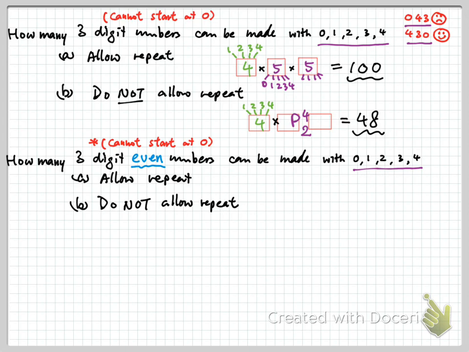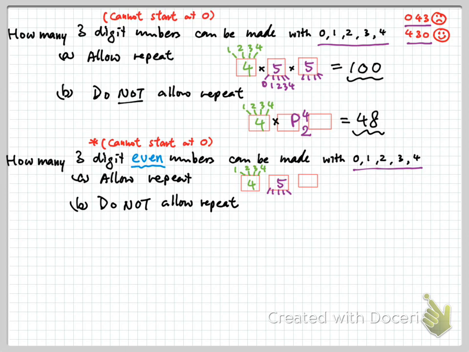So let's think about this. Now, this is going to be more complicated than the previous 2. Once again, we start by considering what if you allow repeat. It is easier if you allow repeat. It cannot start at 0, so there are 4 choices for the leading digit. The digit on the left hand side can be 1, 2, 3, 4. For the middle digit, there's no limitation, so there can be 5 choices here.